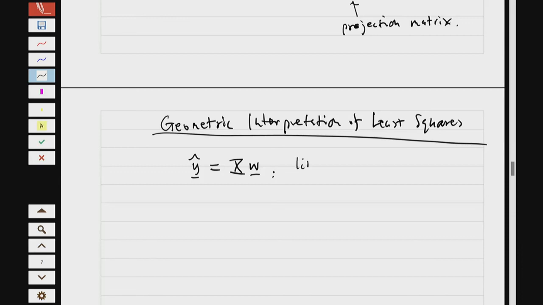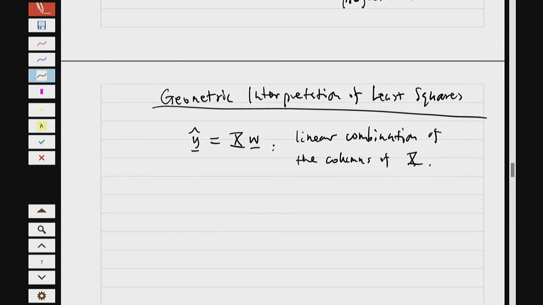So this is a linear combination of the columns of X. So basically, we're saying, what is the best linear combination that we can find? Being a linear combination of the columns of X means that y hat is in the space consisting of all possible linear combinations of the columns of X, right? That space is called the column span of X, okay?